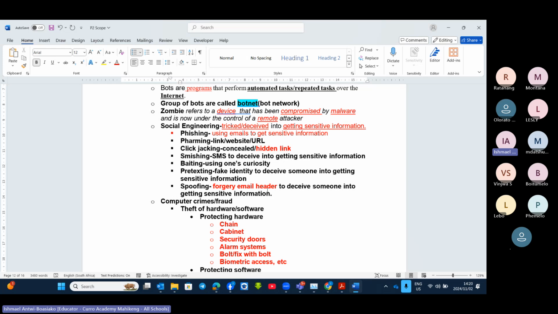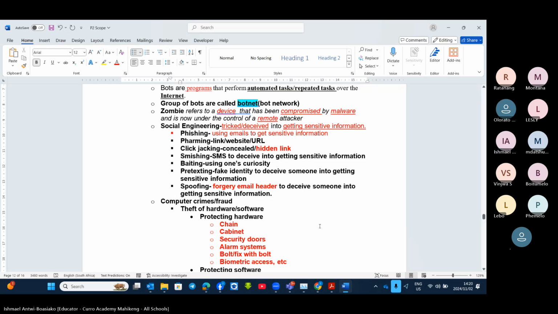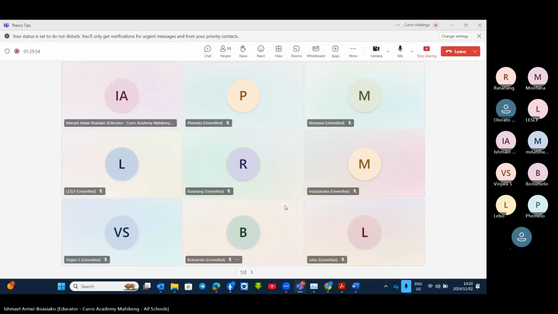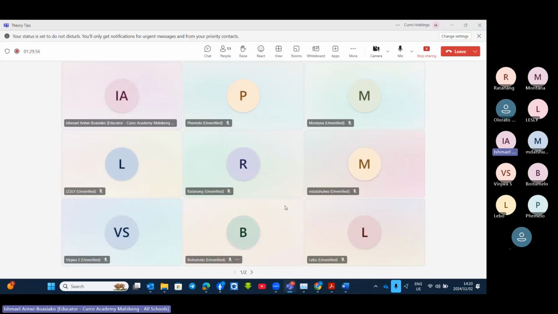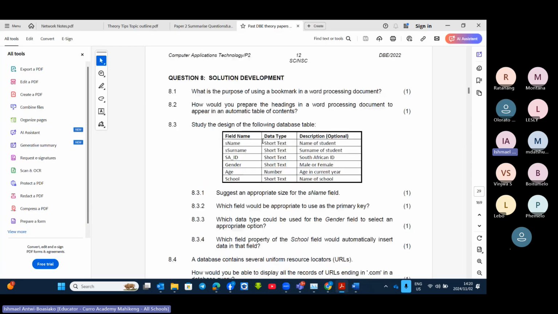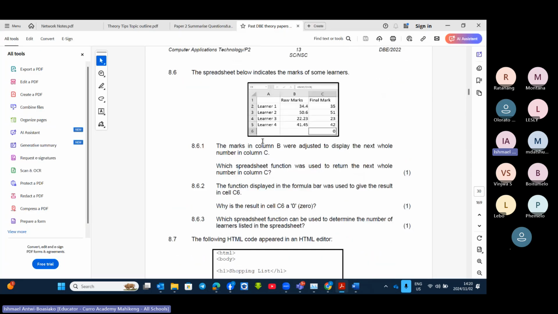Any question? Right. If there's no question, we will bring our discussion to an end. Like I said, I will share this with Osnaniki and then she'll give it to you guys. Go through the notes, the question and answer, previous question papers, all the theory questions sampled, and the memos.